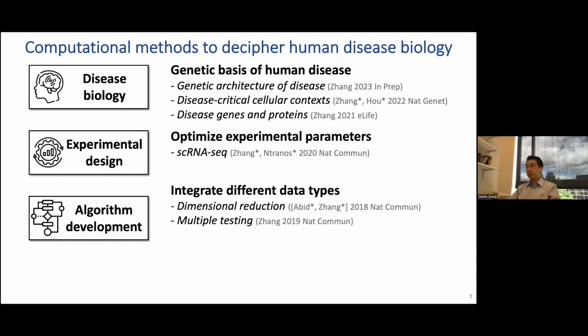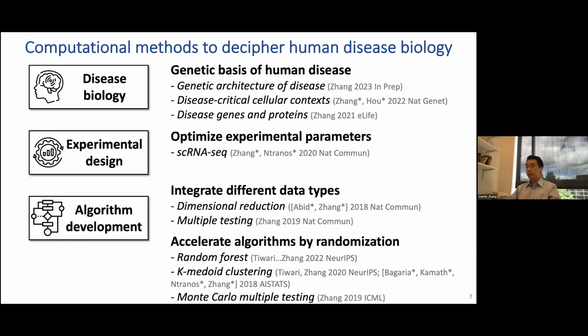First of all, I design different data integration approaches to integrate different genetic and genomic data types. And second, because the data sizes are usually ultra large scale, which requires ultra fast machine learning algorithms, we have a line of work on accelerating existing and popular machine learning algorithms to make them scalable to large scale data sets.